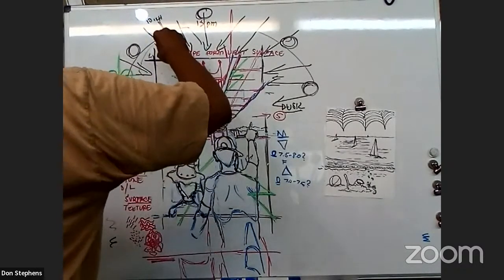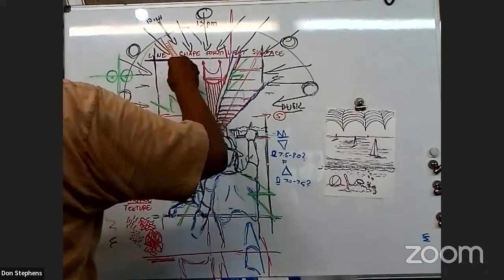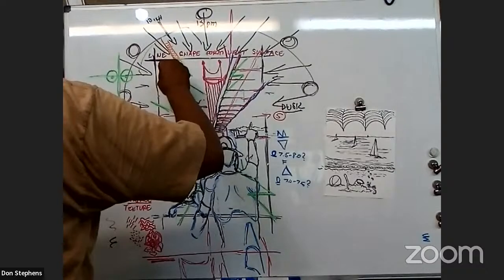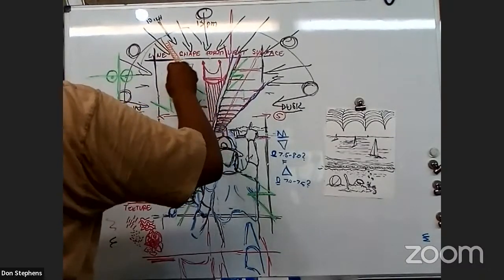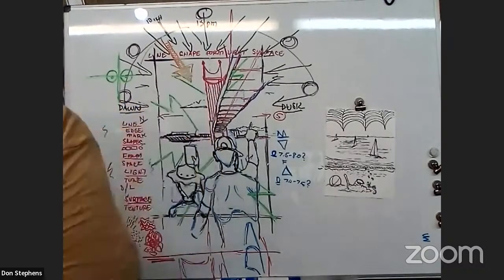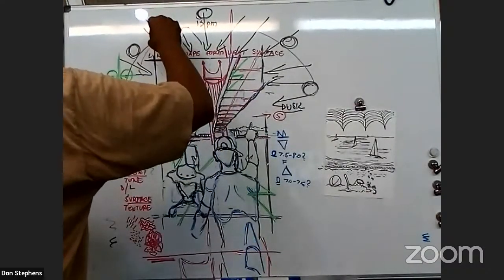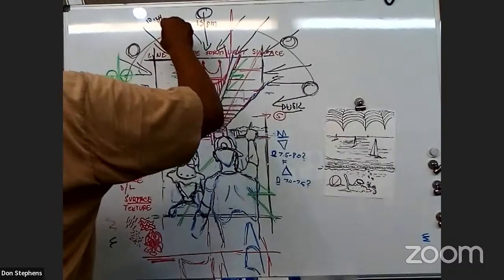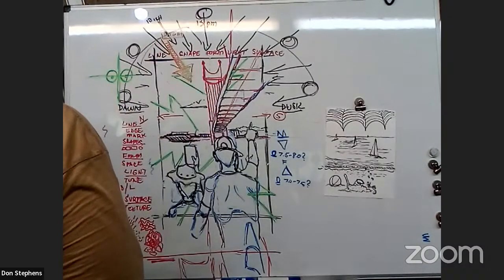So the light source is coming from this direction. That's where the light source is. All right, everybody, this is our light. So it's around that 10 o'clock, 11 o'clock.